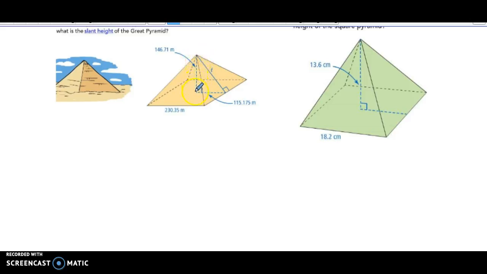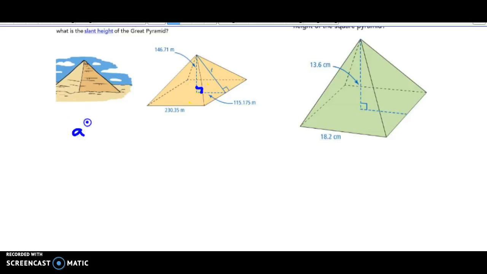That's the height of the pyramid. The slant height would be the length of this side from the base slanting up to the very top point of our pyramid. So we can find that slant height by using the Pythagorean theorem because this forms a right angle with the ground. The height and the ground form this right angle.